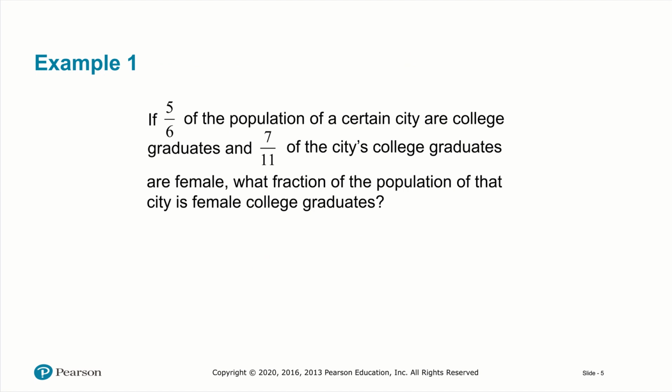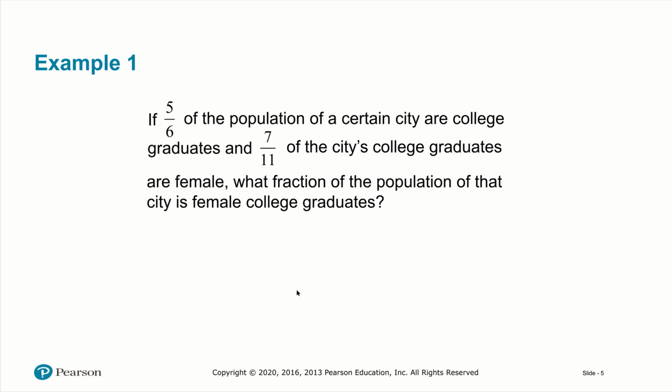Here we have a quick application. If 5/6 of the population of a certain city are college graduates, and 7/11 of the city's college graduates are female, what fraction of the population of that city is female college graduates? So basically, we're going to find out what 7/11 of that 5/6 is, right?